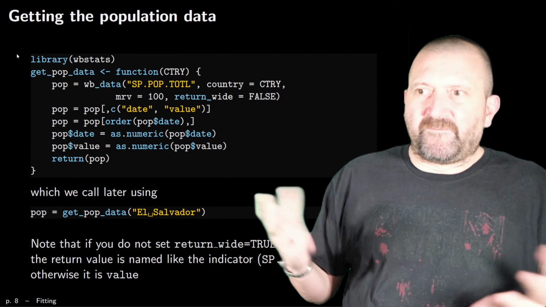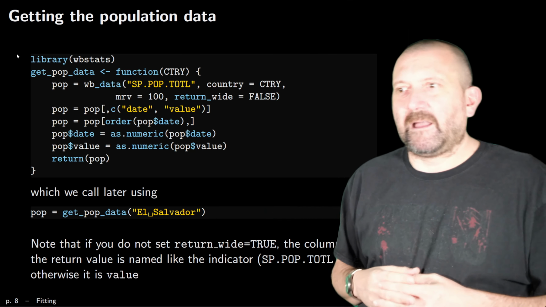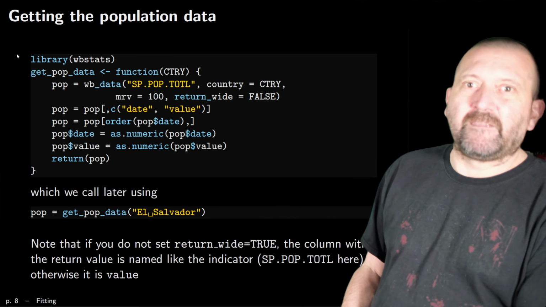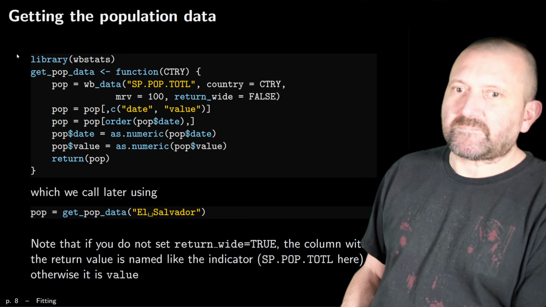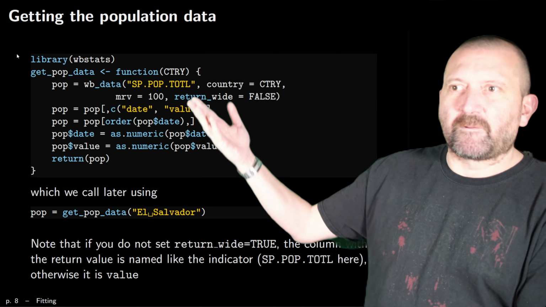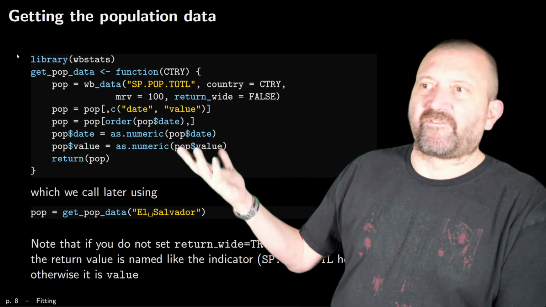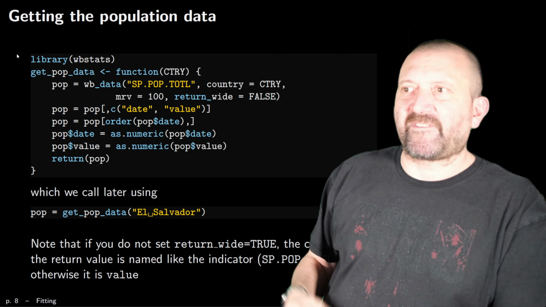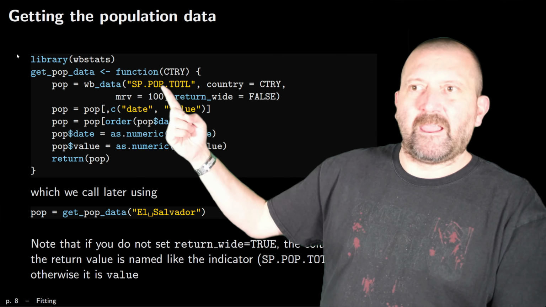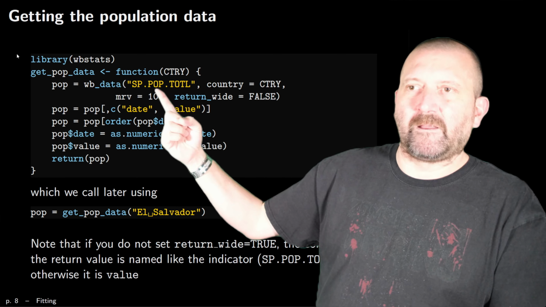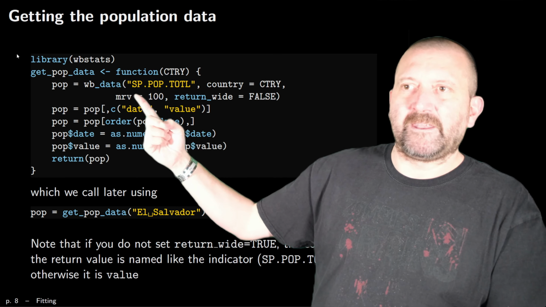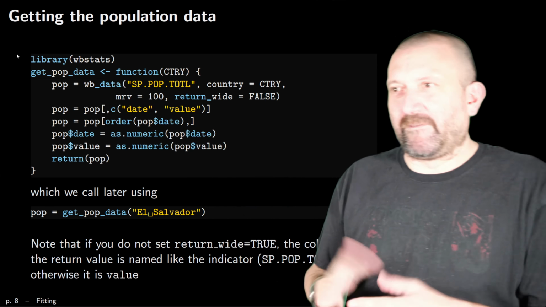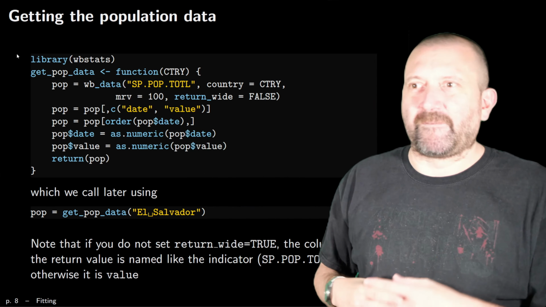Quick remark: here what I'm doing is obtaining the population info for El Salvador. So I write a little function, just to make things easy. I'm using the library wbstats, which is World Bank stats, to query the index SP.POP.TOTL, which is the total population in different countries in the world.